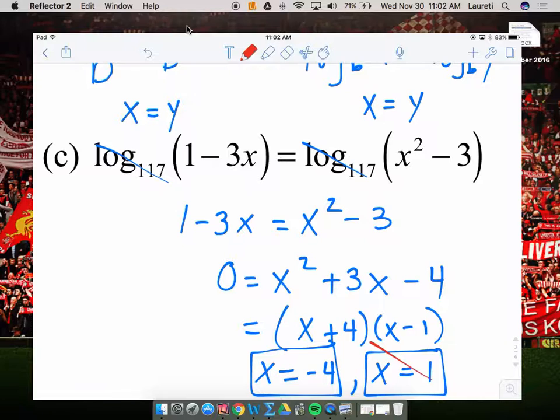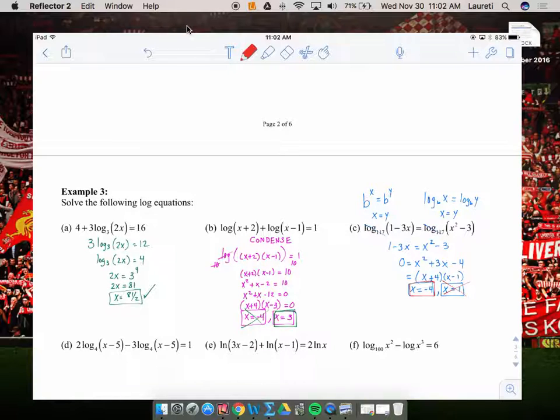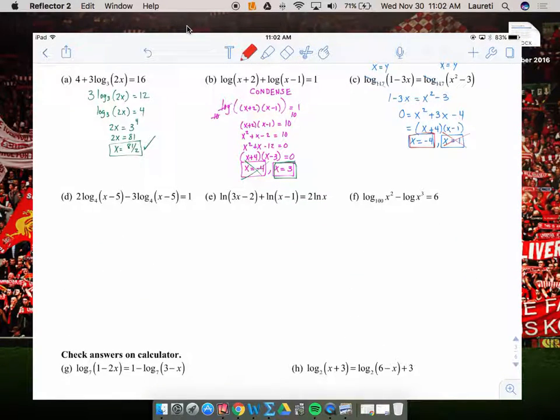Right. Positive 1 is not going to work. So your only answer would be negative 4. Yeah, so if you plug in 1, 1 squared is 1 minus 3, which is negative 2. So you can't do that. Good.